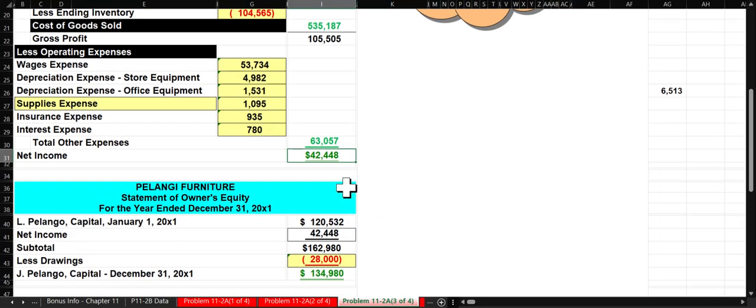Notice that this matches, and it should, the net income that we reported in the income statement columns of the worksheet. So you know that you're doing this correctly because the whole point of the worksheet was to tell us what we should report in our actual financial statements.